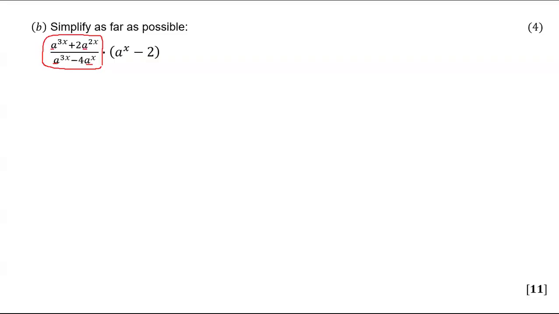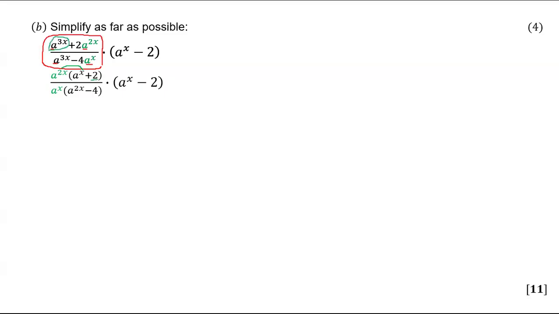So these are my common factors. Take them out. So in brackets in the numerator, you'll be left with a to the exponent of x plus 2. Remember to test that if this is true, you just multiply out. So a to the exponent of 2x times a to the exponent of x will give us a to the exponent of 3x, because you add the exponents.